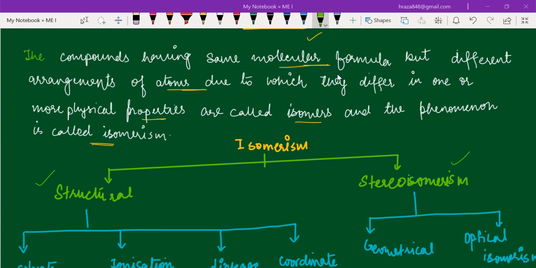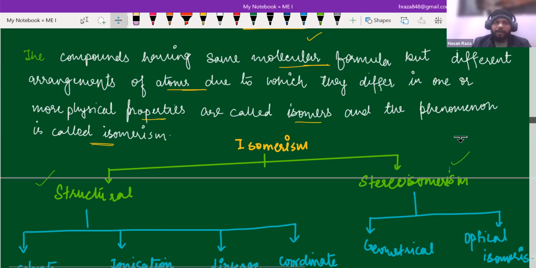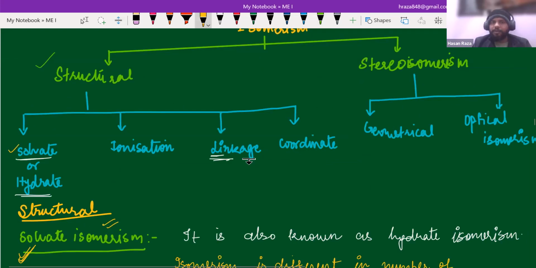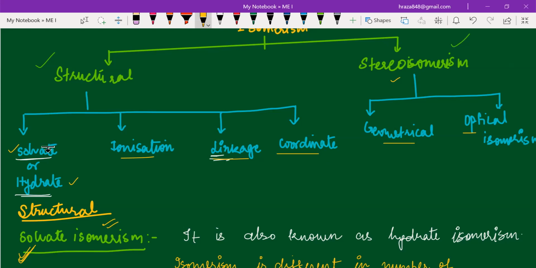Very good. Now see, structural isomerism is of four types. The one is solvate, also known as hydrate isomerism. Another is ionization isomerism. The third one is linkage isomerism. And the fourth one is coordinate isomerism. And stereoisomerism is of two types, geometrical and optical isomerism. Are you done with this chart? No, sir, I need to do the bottom half. Okay.